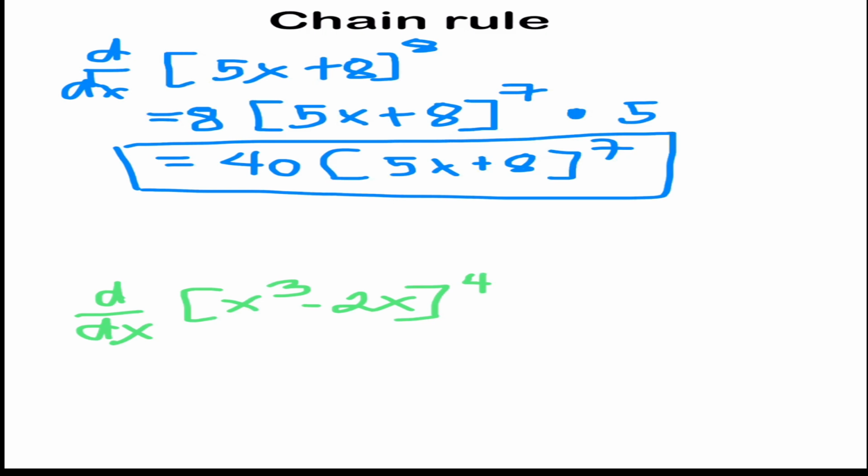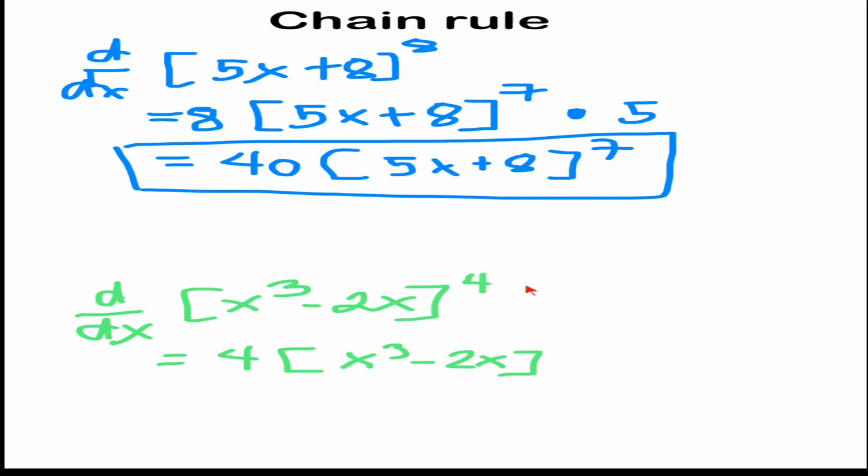In problem number 2, we are going to find the derivative of x cubed minus 2x raised to the 4th power. Again, we are going to bring down the exponent. So we have 4 times x cubed minus 2x. We copy what is inside. Then we are going to subtract 1 from the exponent.